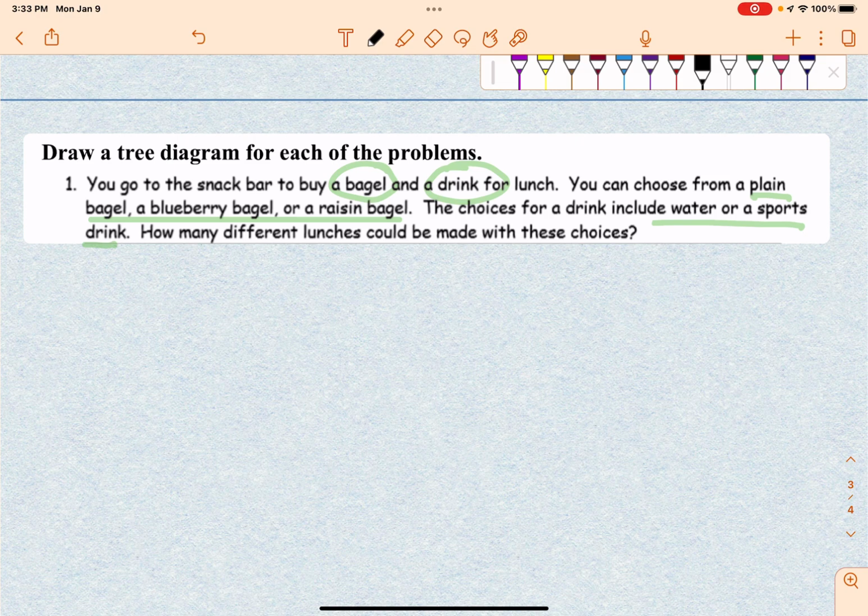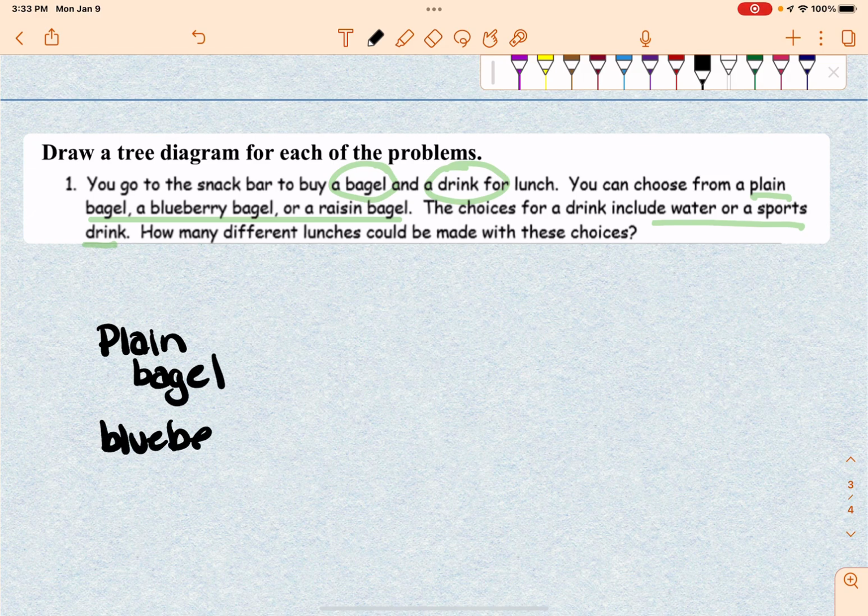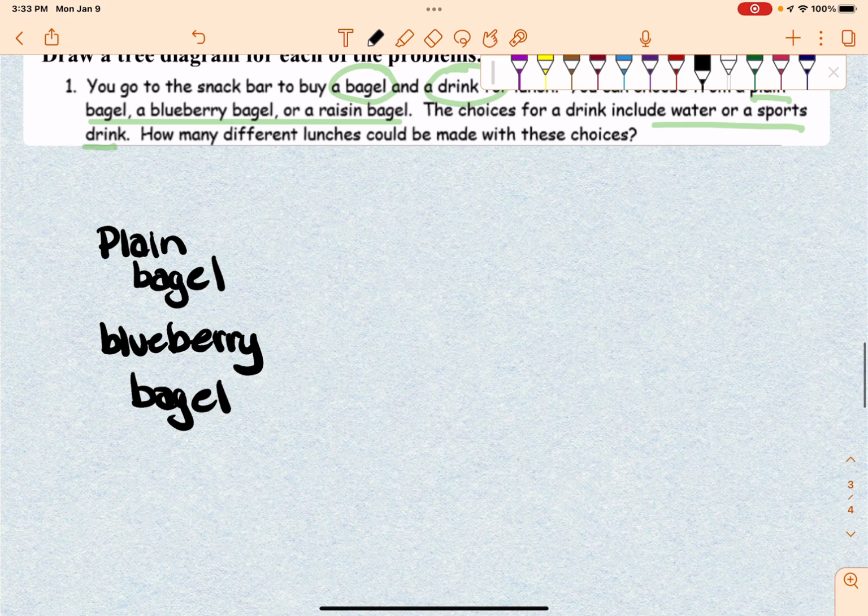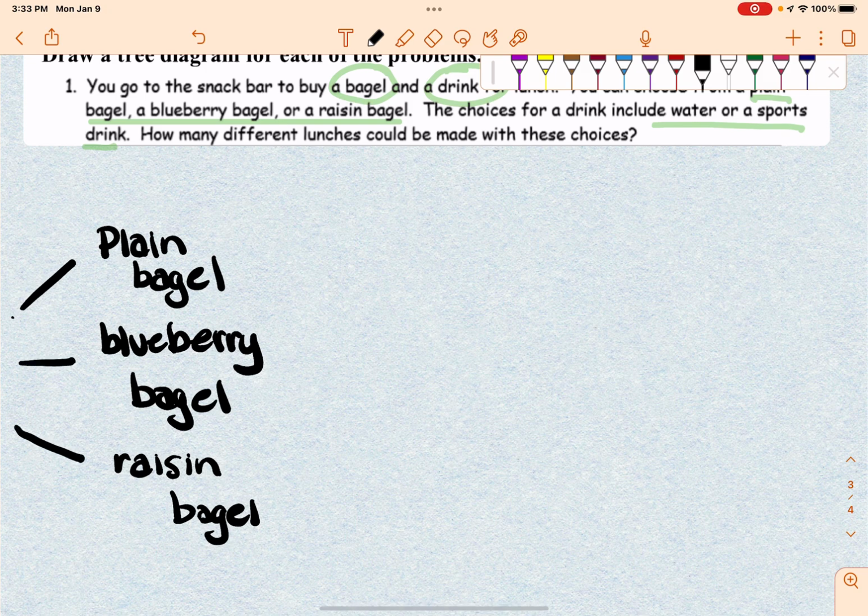So for the bagel, you have a chance of having a plain bagel, blueberry bagel, or a raisin bagel. So you basically have these 3 choices for your bagel.